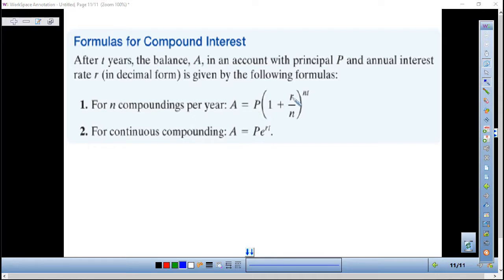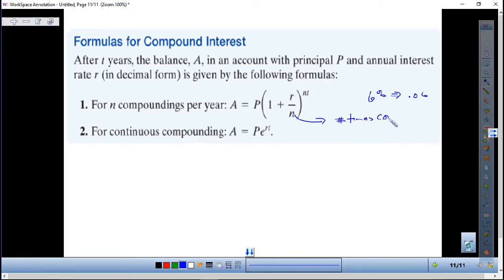R is the rate in decimal form, so if it's 6%, you're going to use 0.06. And n is the number of times compounded in a year. And t is the number of years.